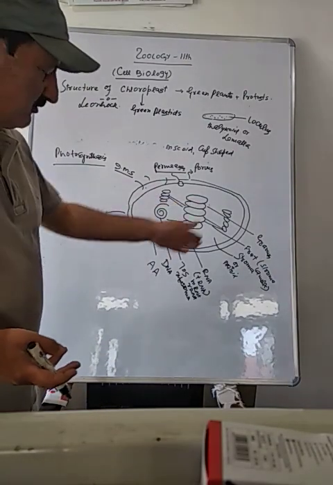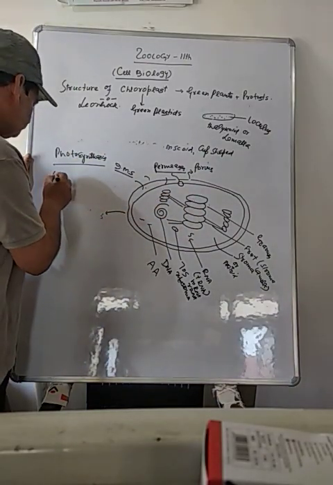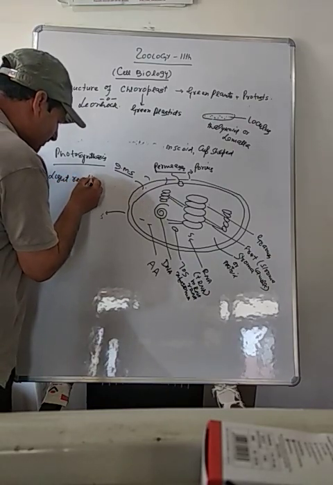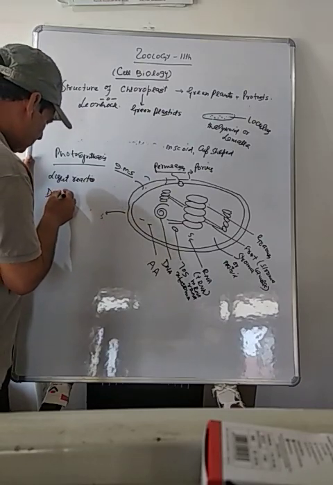There are two reactions which occur here in the chloroplast. The light reaction occurs in the grana, and in the stroma it occurs as the dark reaction.